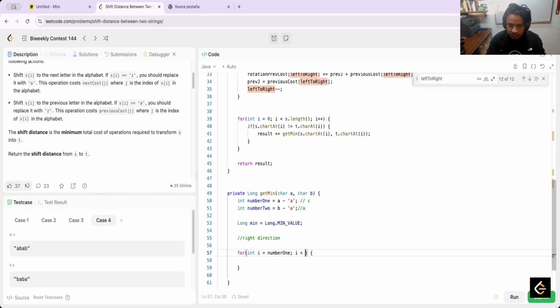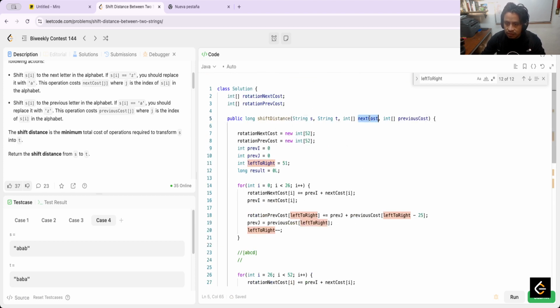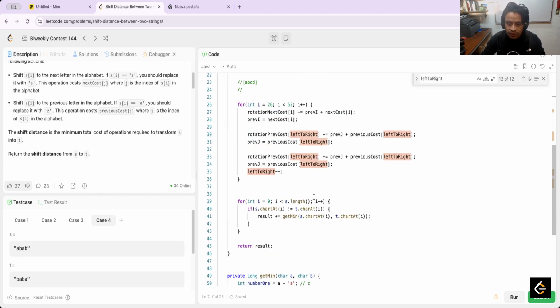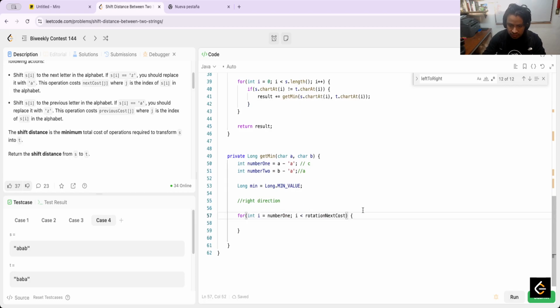While i it's minor, then rotation next cost, i plus plus.